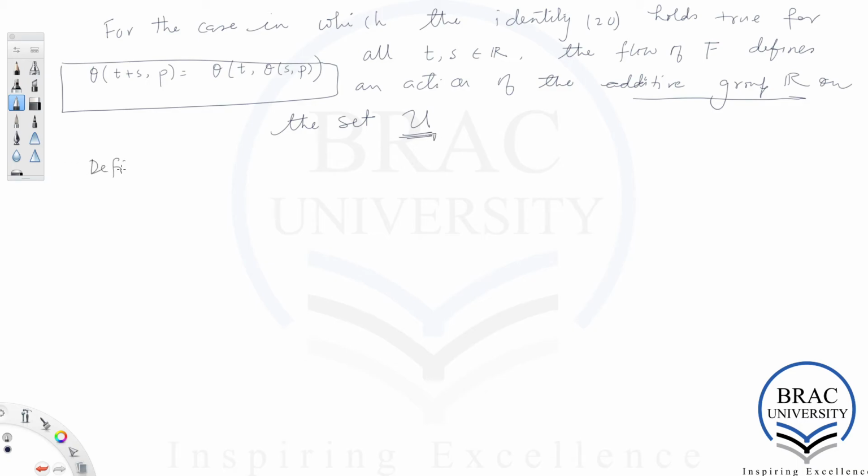So now we are defining the definition of group action.